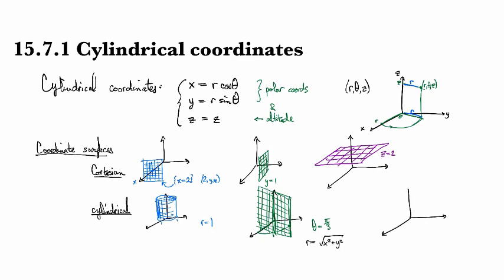Sometimes you can't avoid it. And then there's the surface for z equals 2 again, and it's the same thing as before. Okay, so those are the coordinate surfaces for cylindrical coordinates. So again, if you see things that look like one of these three surfaces, then probably setting up your integral in cylindrical coordinates is the way to go.